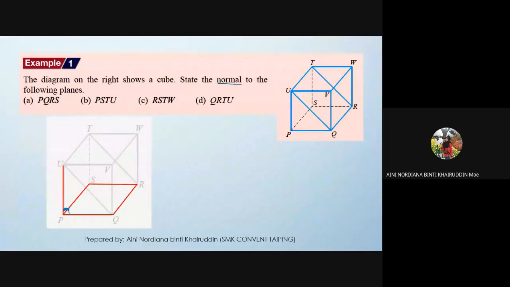Okay, ada satu je ke? No, ada banyak. Next, VQ. Line VQ also perpendicular to the plane PQRS. Next, WR, also 90 degree to this plane. And TS.